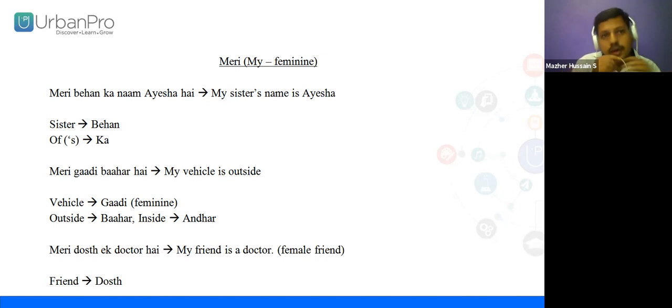Or I can give one more example, like if you want to say chair. For chair in Hindi we say kursi. It also has the ee sound. So one way of identifying the female gender of an object is from its sound.